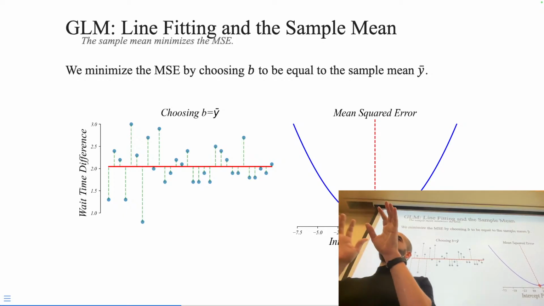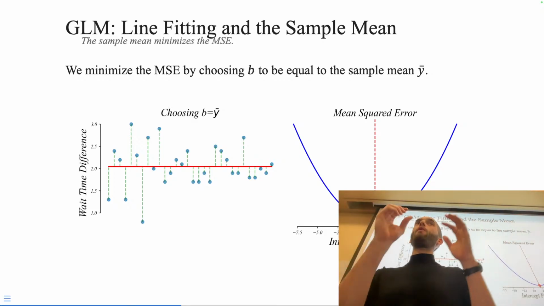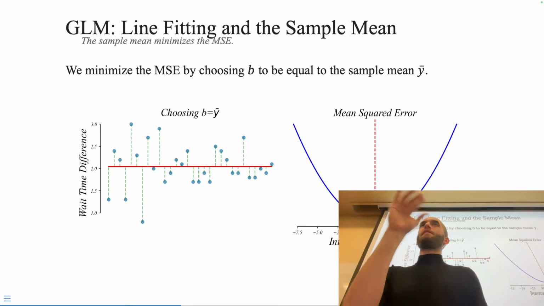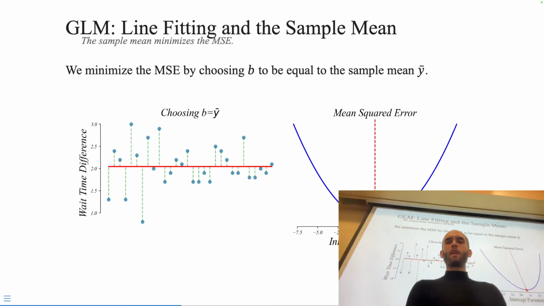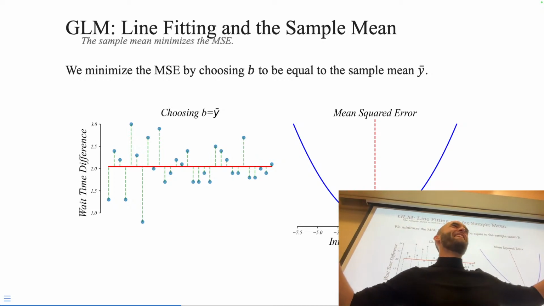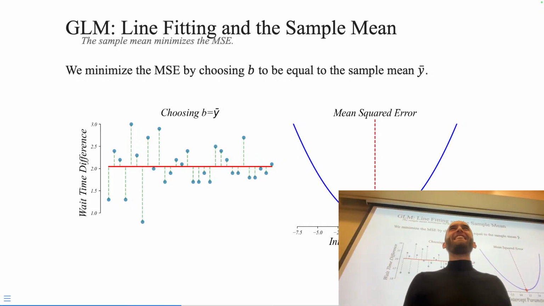That's how we prove it, actually. That's part of why we use the square and not the absolute value, because the absolute value does not have a derivative. But here, all we want to find is the lowest point, and that happens exactly at the mean. We're not doing any of that optimization in this class. All we're talking about are the ideas.